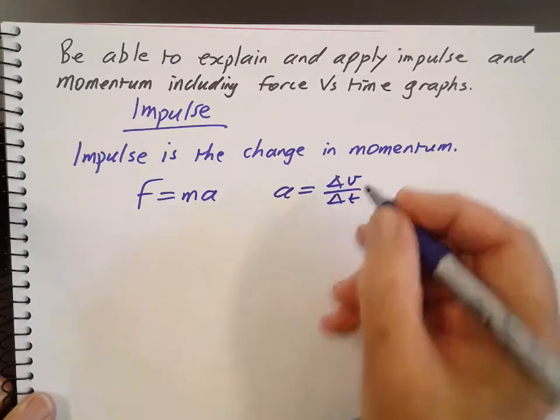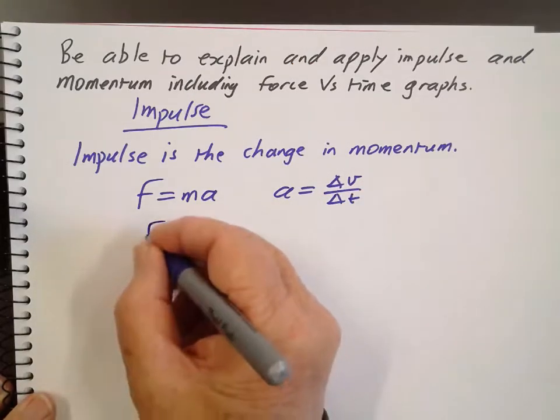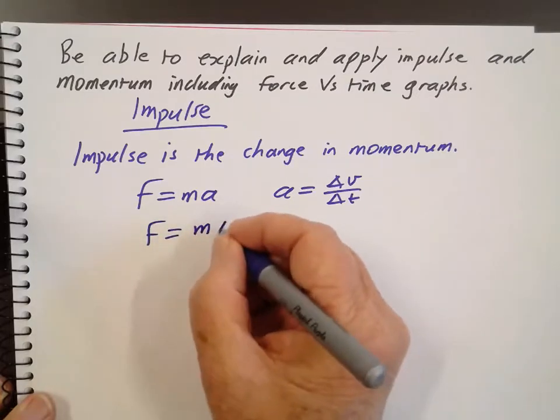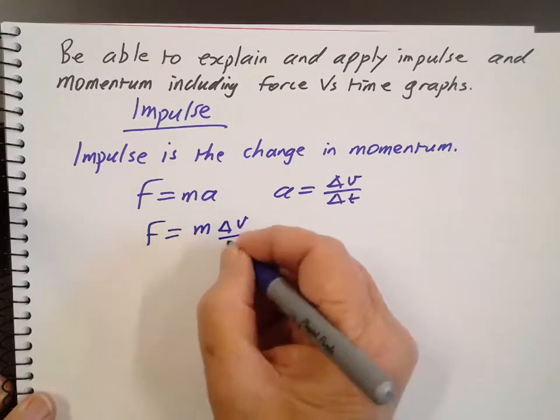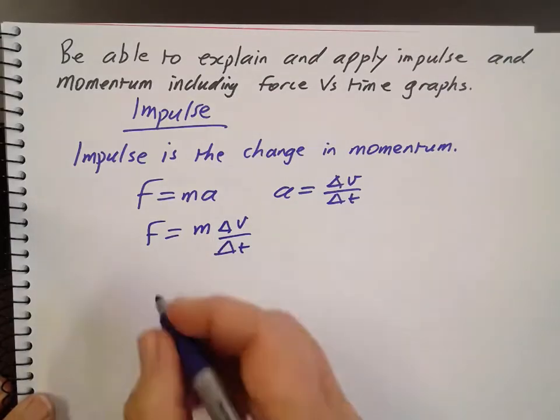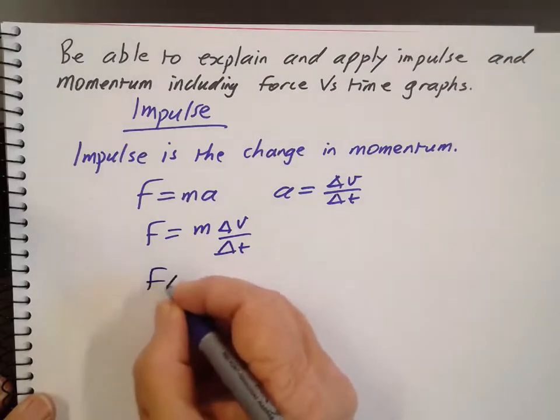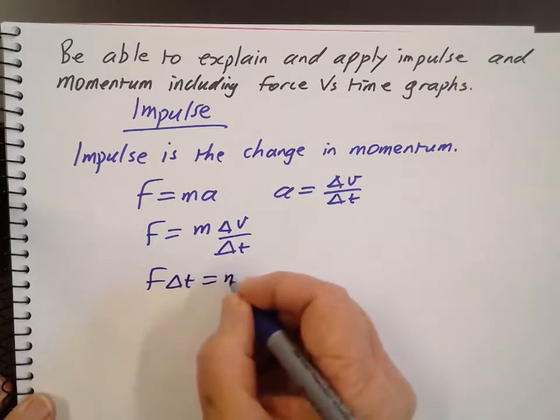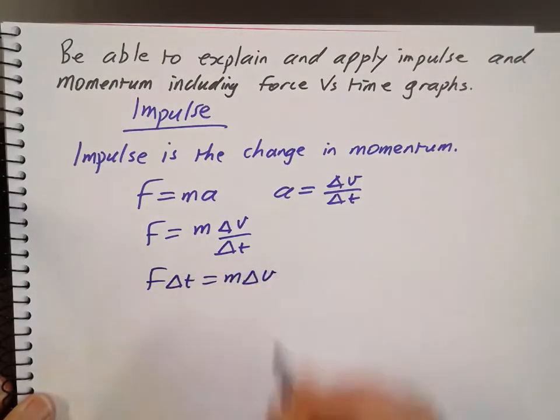So if we do a very simple substitution, we end up with just an easy F equals m delta v over delta t, and if you rearrange it, you just end up with F delta t equals m delta v, which is exactly how we talk about impulse.